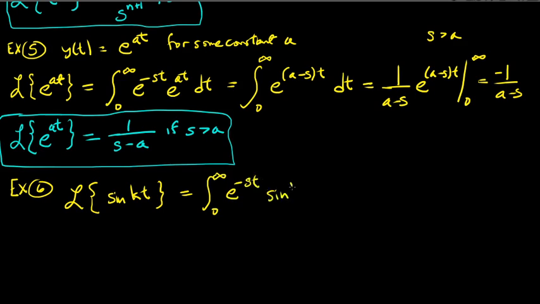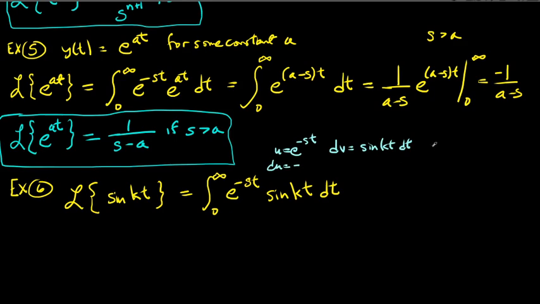Again, k is a constant. Well, this is another integration by parts. So let's do u equal to e to the negative st here, and then dv will be sine of kt. So du will be negative s. Oh, I think I wanted to do it the other way.